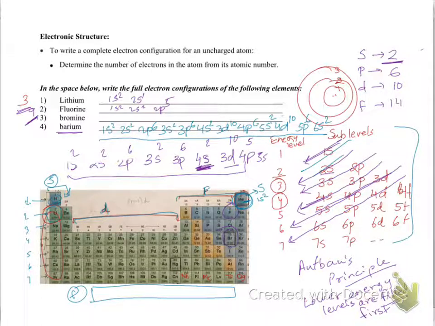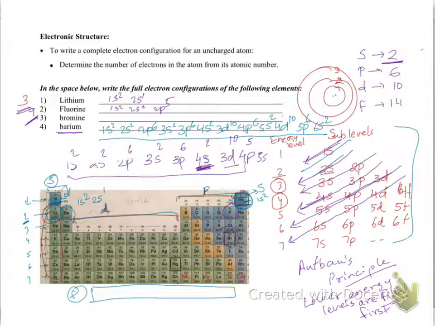Let's look at lithium. For lithium, you're going to start from here, 1s2. Now you're in the second row, 2s1, because it's the first one.